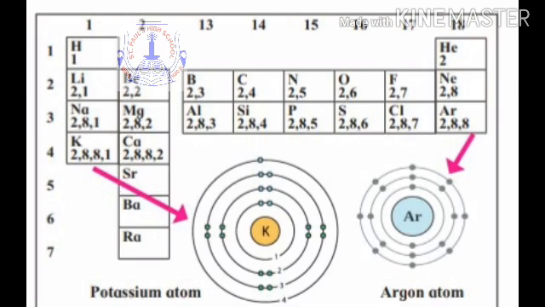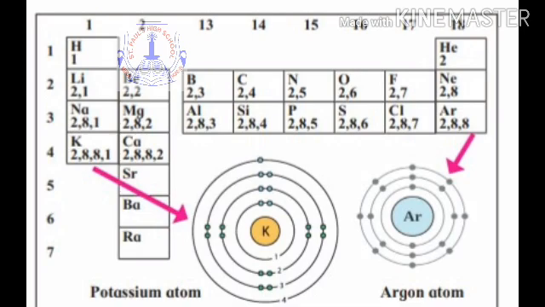Then their earlier orbits can become stable with an octet or a duplet. This valency part, children, you have learned in 9th standard, so you know very well when elements give and take electrons. In this way, these metals will give the last one valence electron to become stable, and they will exhibit valency 1. So all the elements in the first group show valency 1. They show similarity in their valency.